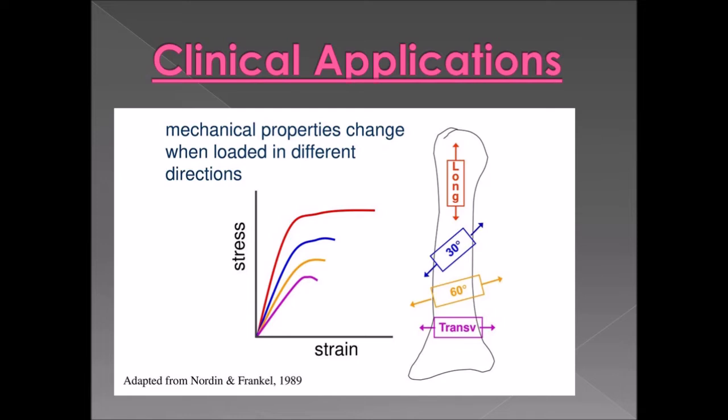So when we apply the loading or our force in the longitudinal direction, the bone or the tissues that undergo that loading will show much more deformation before getting into their failure point as compared to different angles, and very little deformation under transverse loading.